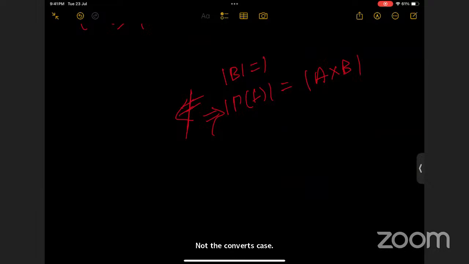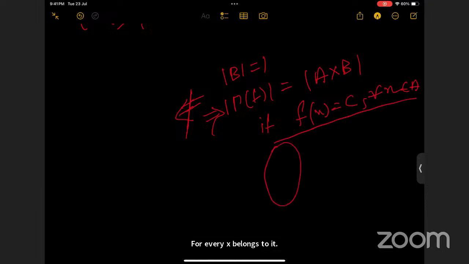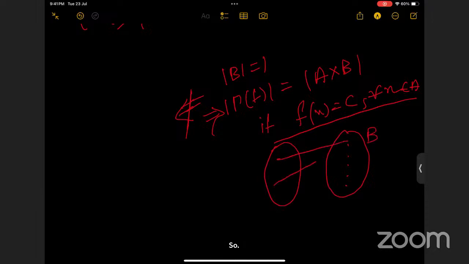Suppose f is a constant function, f of x equals c for every x belonging to A. There may be 4 to 5 elements in B, and all the points of A go to a single point.